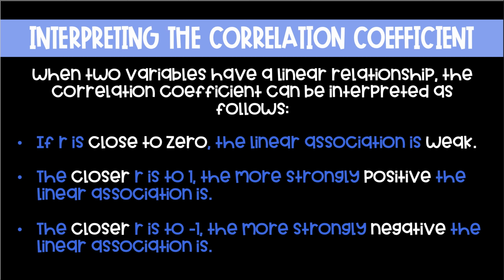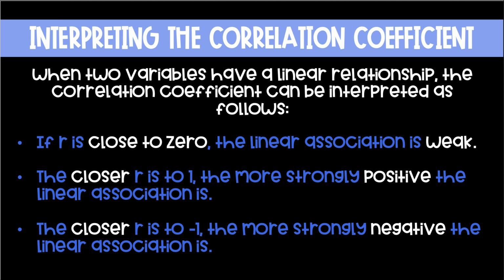If it's close to positive 1, it's a strong positive linear correlation. If it's close to negative 1, then it's a strongly negative linear association.